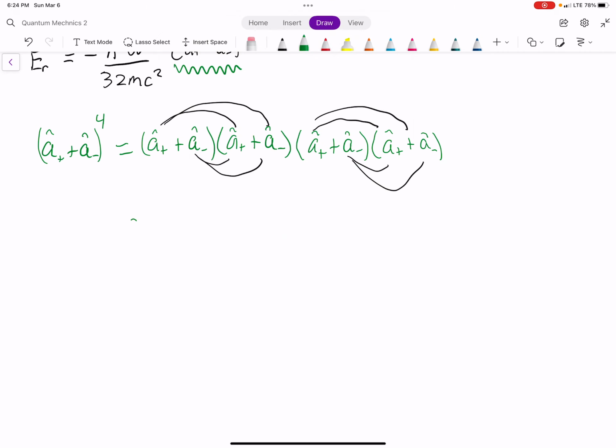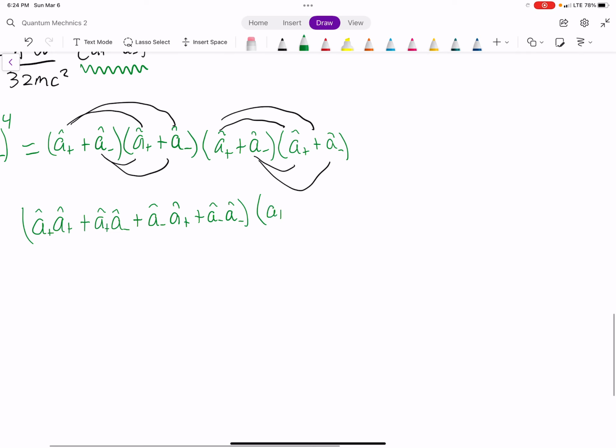Okay. So we'll get a plus acting on a plus, a raising operating on the lowering operator, and then plus a lowering acting on the raising operator, and then plus a lowering acting on the lowering operator.